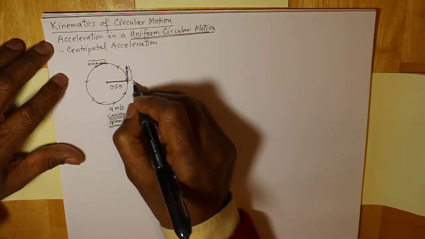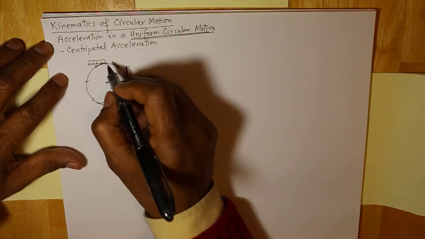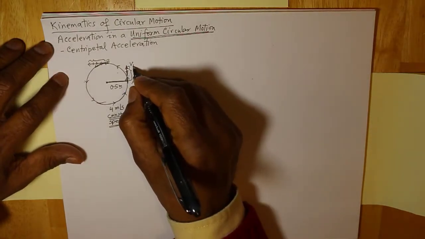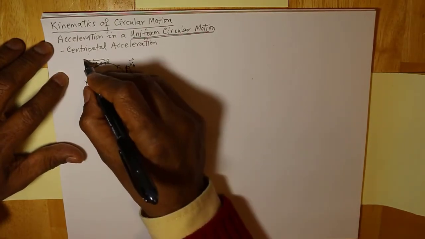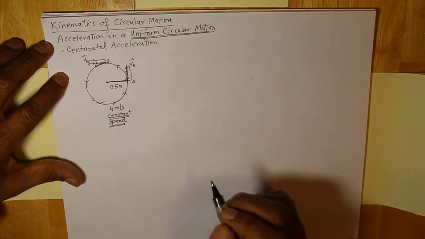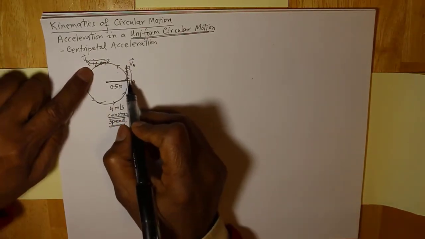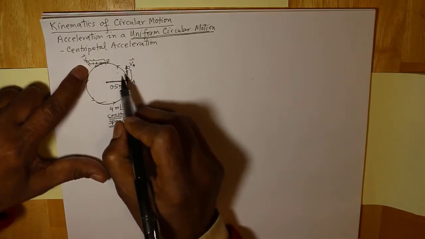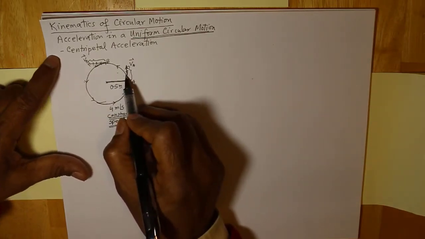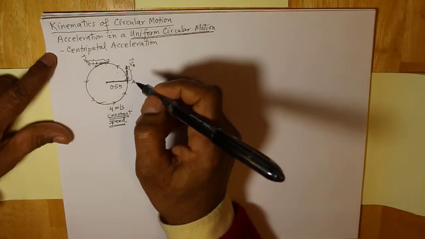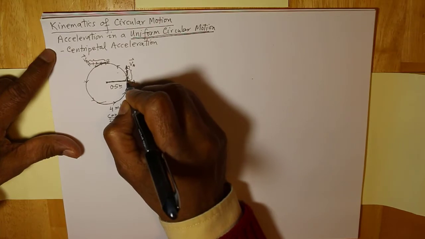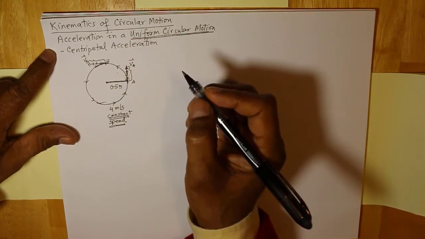So if this is velocity A and this is velocity B, this vector will represent velocity A and this vector will represent velocity B. Now you can see even if the speed was the same, there is a velocity difference. You can figure out the average acceleration between this point and that point.